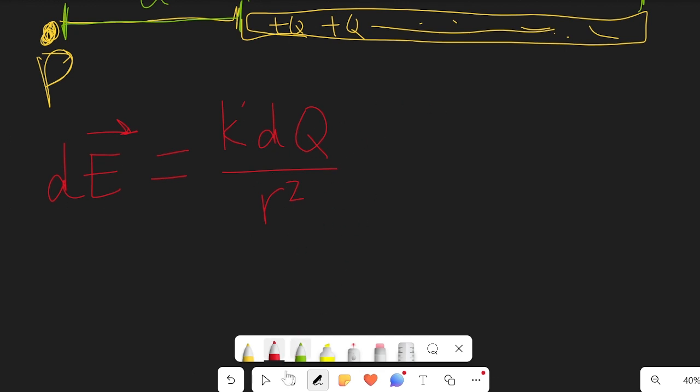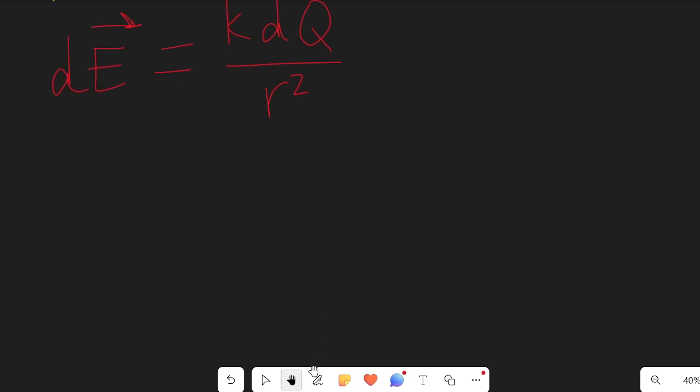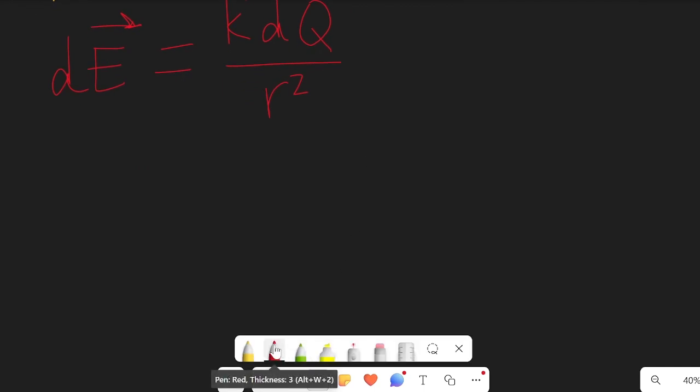Now if we take the integral of this, we get the integral of dE equals the integral of k dq over r squared.